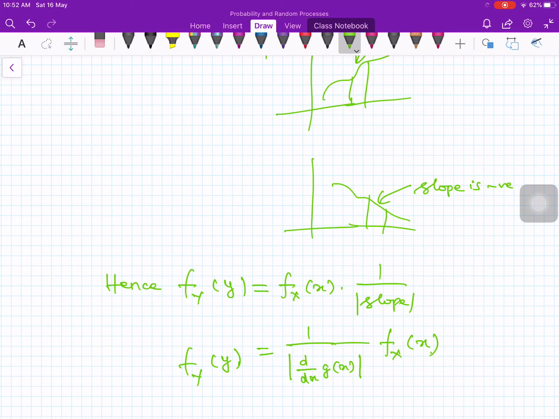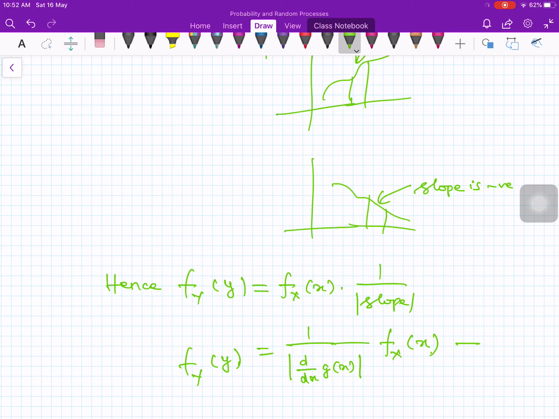So this formula works nicely for the case where the function is one to one. So we can have a unique association between the x's and y's, and through the inverse function from y's to x's. This formula works nicely for the monotonically increasing case, and it also works for the monotonically decreasing case.